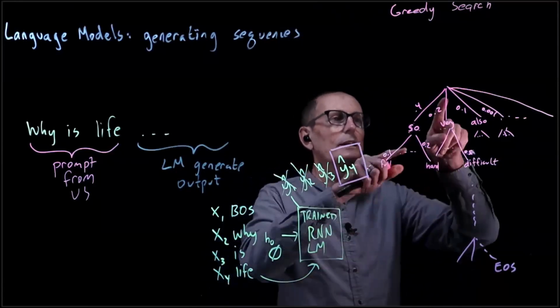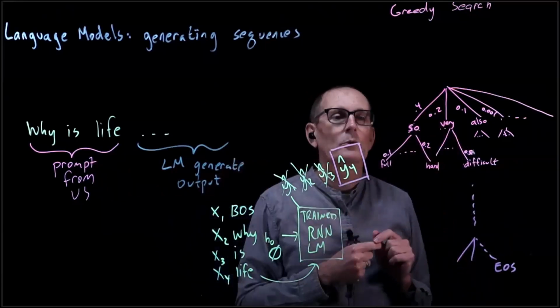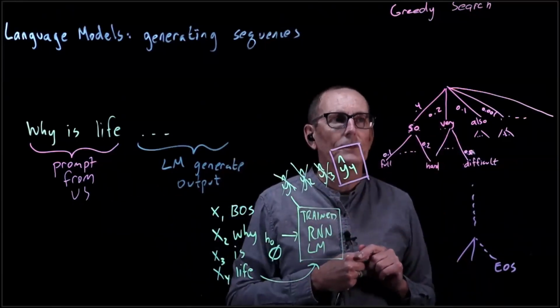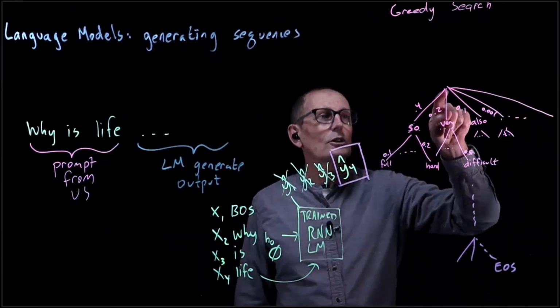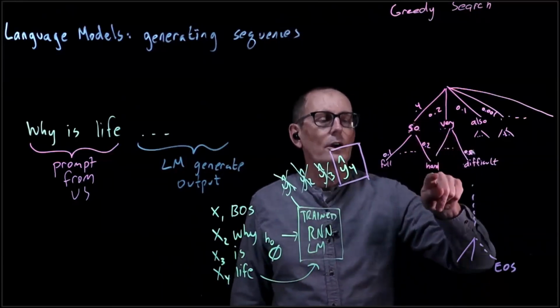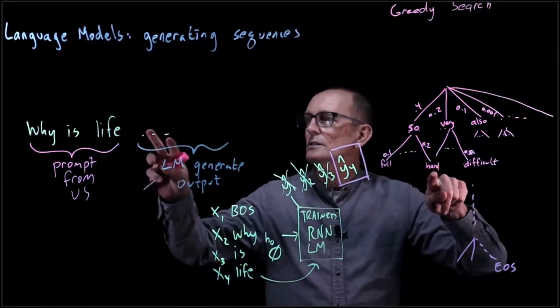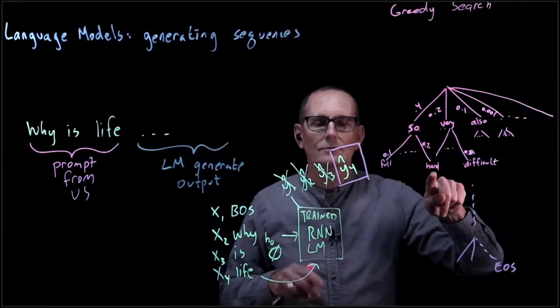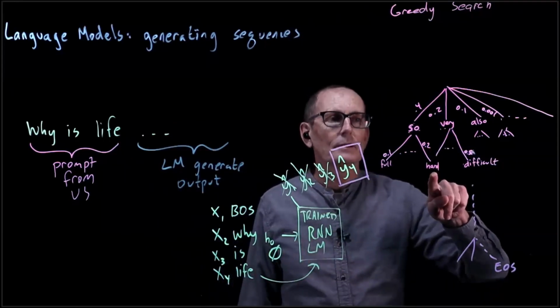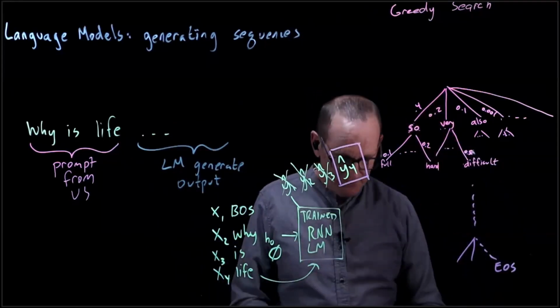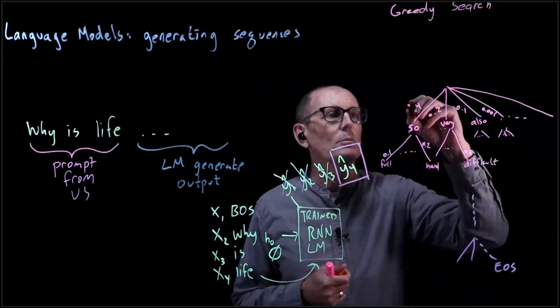So let's say we just wanted to pick 2 more words for this, okay? The greedy algorithm would choose, why is life so hard? What is the probability overall of these 2 words ending this sentence, according to the language model? It's the multiplication of these 2 probabilities, right?